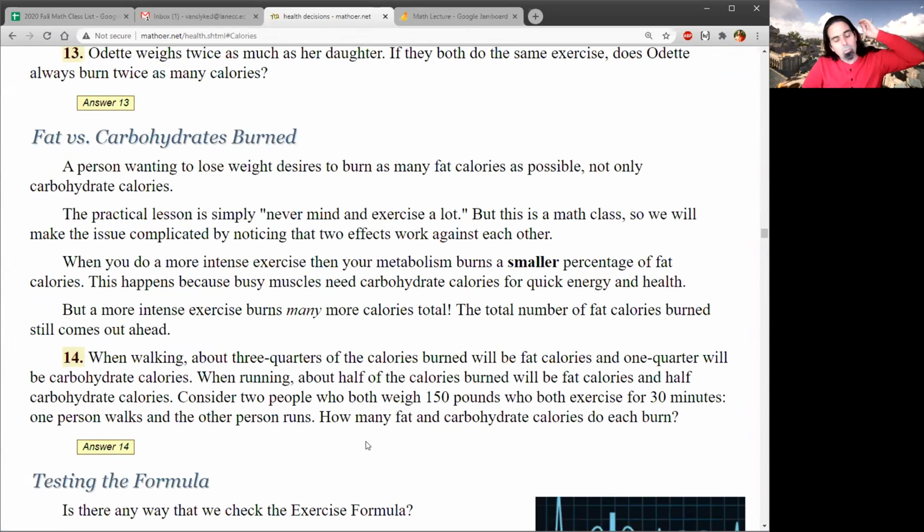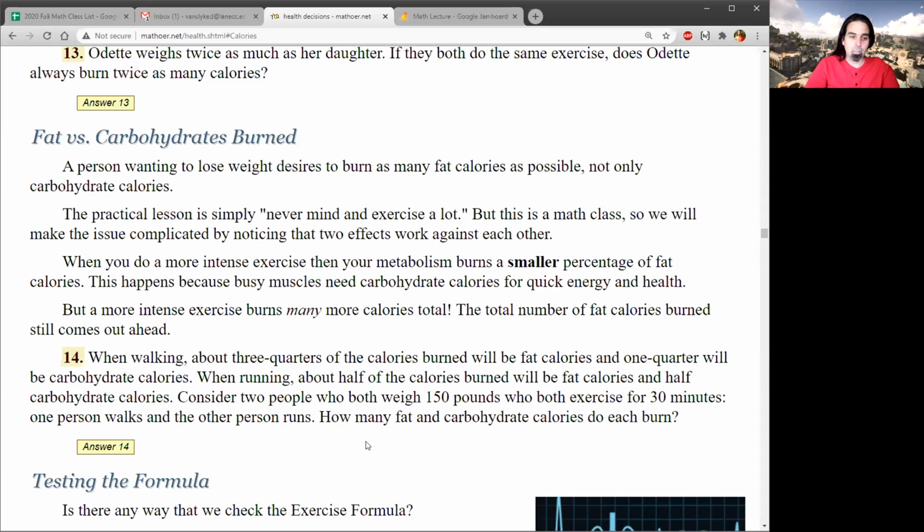Okay, as a side note, if you want to lose weight, you're trying to burn fat calories. The practical lesson is don't worry about this math, just exercise a lot. But we're a math class, so we'll be picky here. When you do more intense exercise, your body needs more short-term energy.